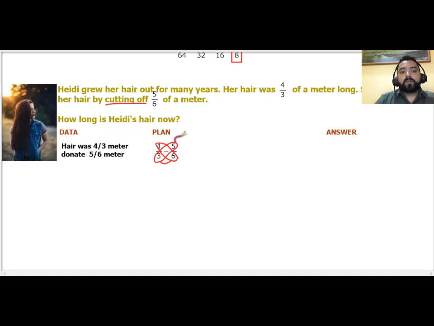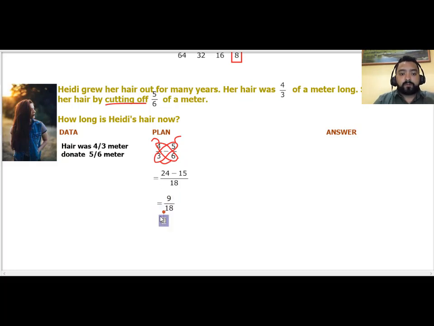Remember, we can copy the number here, but in this case, I'm going to do it down. 4 times 6 is 24, minus in this case, 3 times 5 is 15, and 3 times 6 is 18. Then 24 minus 15, we're going to have 9 over 18.